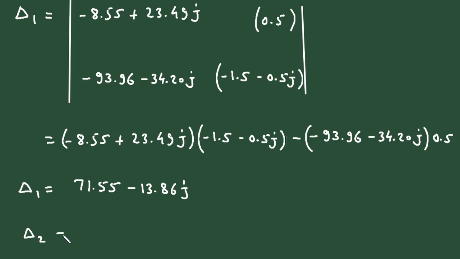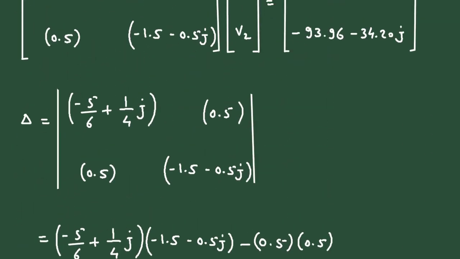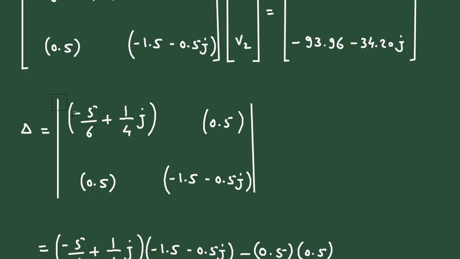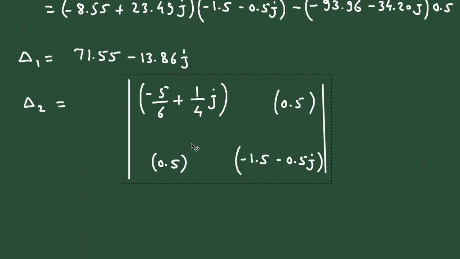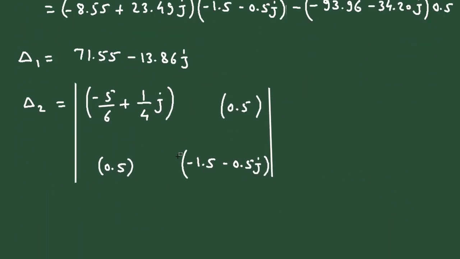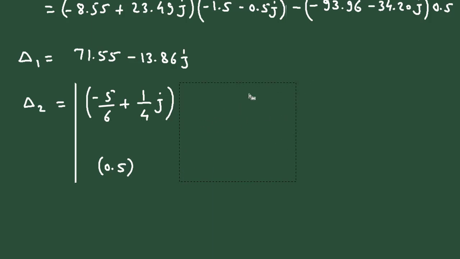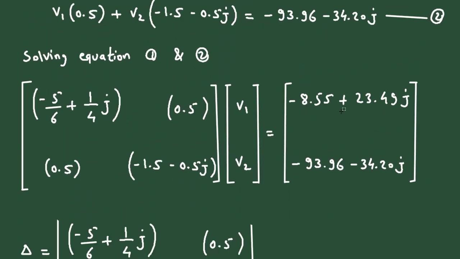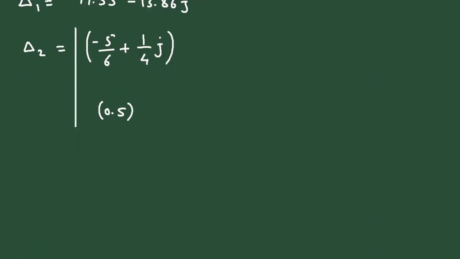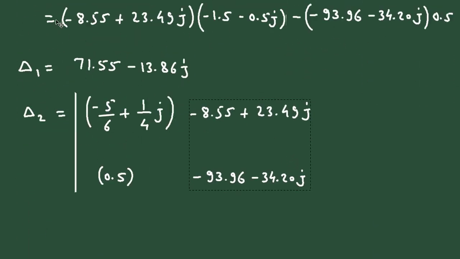Then next the value of delta 2. So for delta 2 again we have to take this matrix determinant, and this time we have to replace its second column. So now if we replace this second column by this value, so this into this, let's copy it from here.